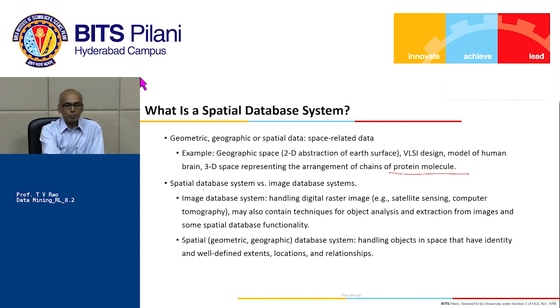If you compare the spatial database with the image database, the image database comes from satellite sensing or computer tomography or such techniques, and then we extract the images. But if it is spatial, we generally have the association with geometry and geography, and we have well-defined extents, locations, and relationships that constitute the spatial data.